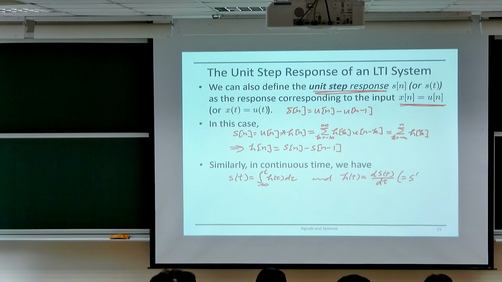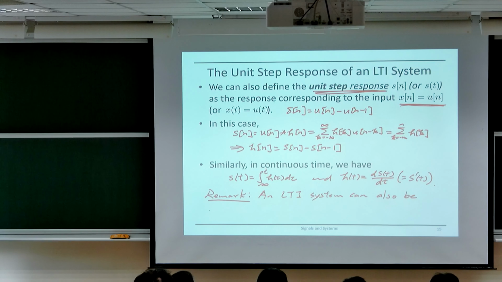Or you can write it like this. So the main takeaway message here is that, in addition to the unit impulse response, an LTI system can also be characterized by its unit step response.